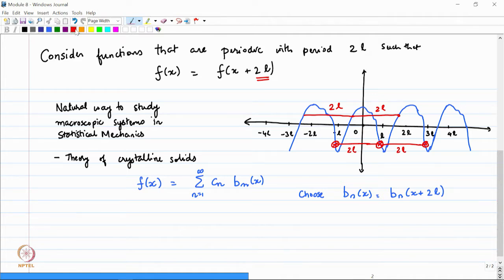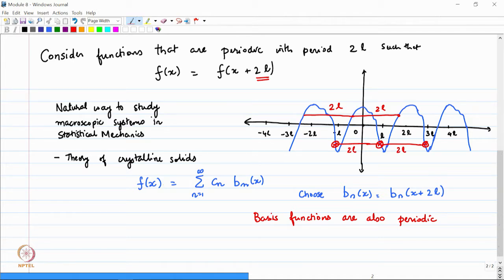The idea is your basis functions are also periodic with the same period 2L. If the basis functions are periodic, then any linear combination of basis functions will be periodic with the same period 2L.